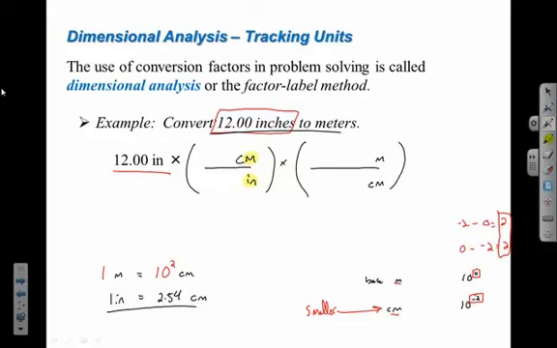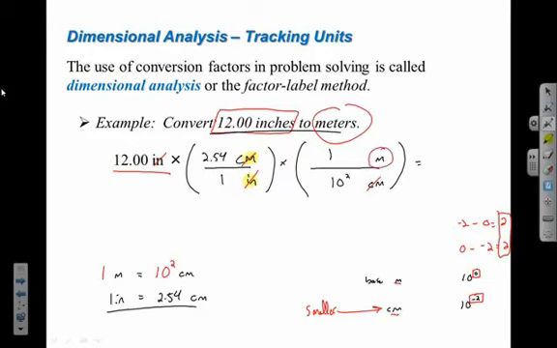So now I've got my relationships worked out. I just have to put them into my conversions and get the answer. So 1 meter equals 10 to the second centimeters. 1 inch equals 2.54 centimeters. Now I can see for sure my inches canceling, my centimeters canceling, and I've got the unit I want in the end.